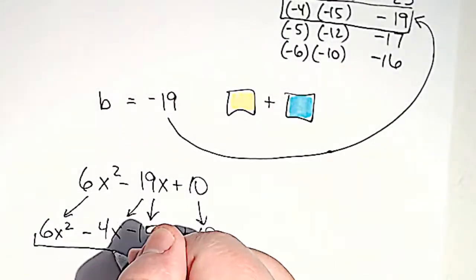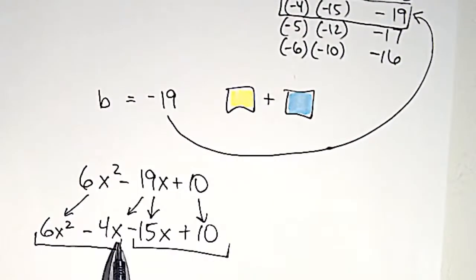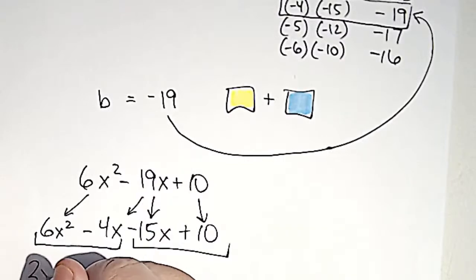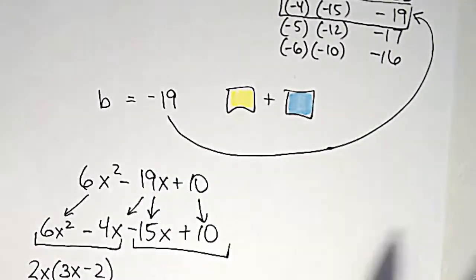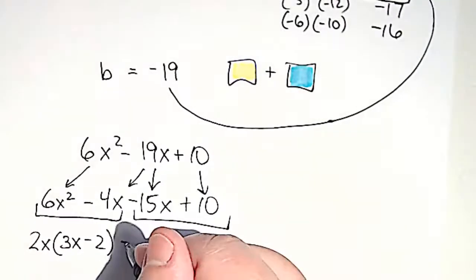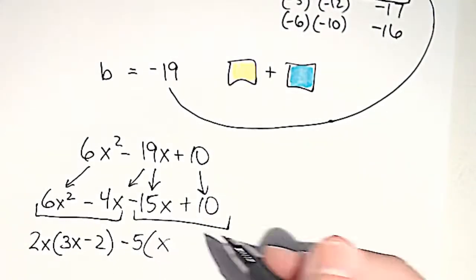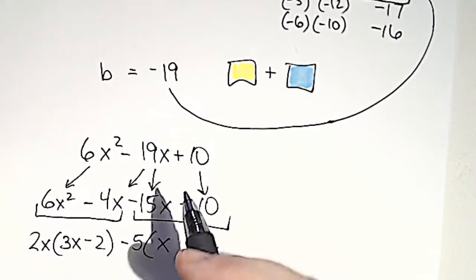Then I use grouping. So 6x squared minus 4x, an x is common and a 2. So 2x times 3x minus 2. Okay, and here I have to start with a negative, and I see that there's a common factor of 5. So negative 5 times, notice it's not just x, it's 3x.